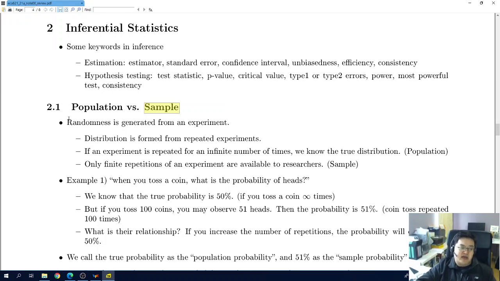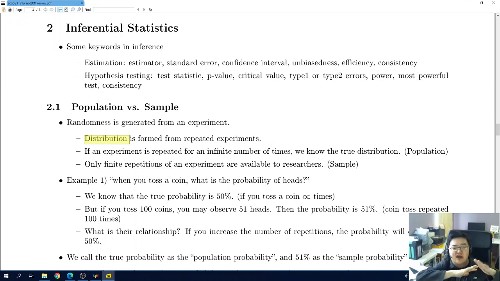First, remember that, very basically, we learned that randomness is generated from a random experiment, right? Obvious. And then distribution: you can imagine a distribution. If you repeat the experiment, then you will get many different numbers.